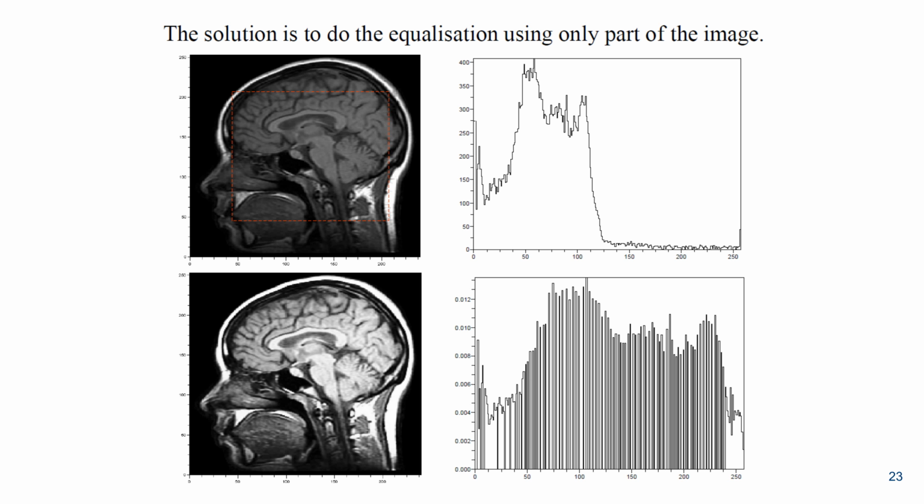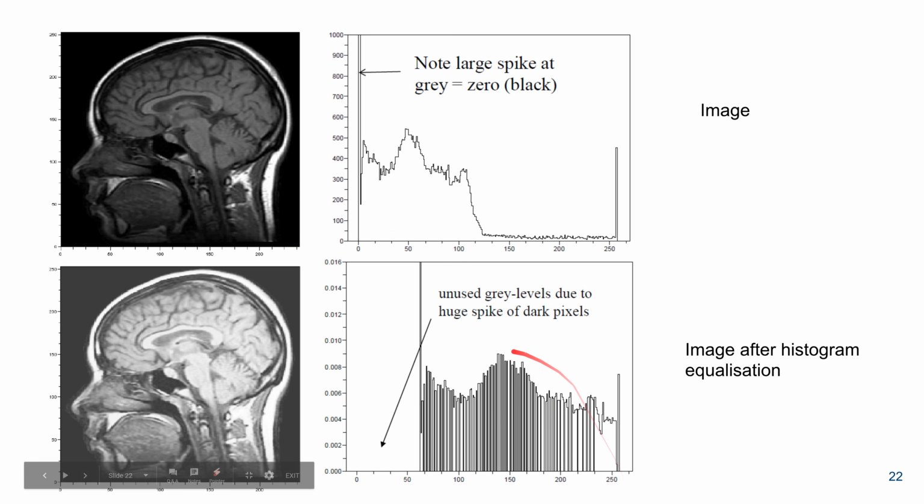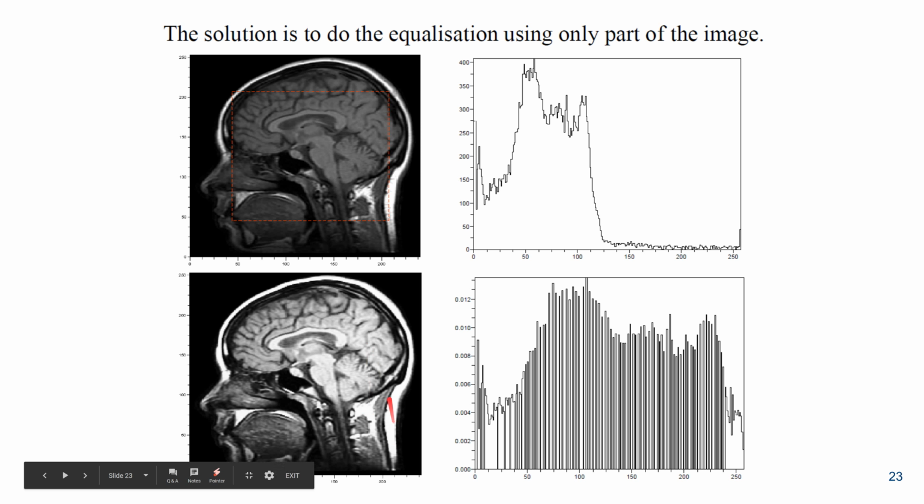But if we go back, you can see that we're still not using these values at low intensities. So the way around this is that we just perform histogram equalization over a region of the image. You can see we exclude all these dark pixels when we do the histogram equalization.